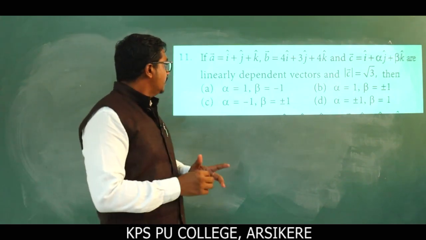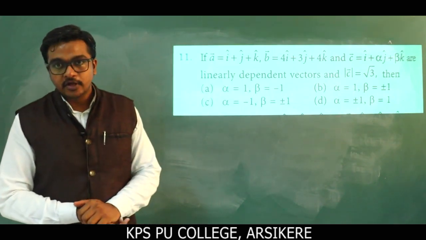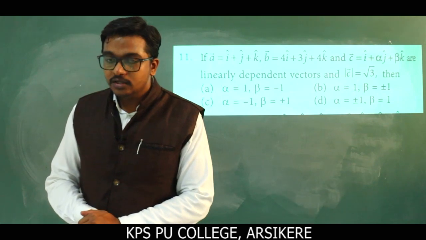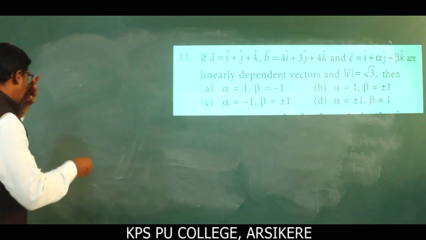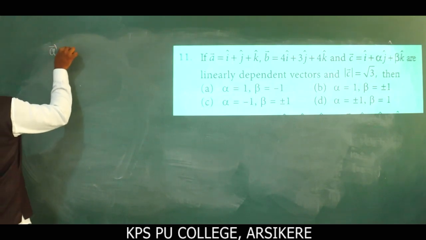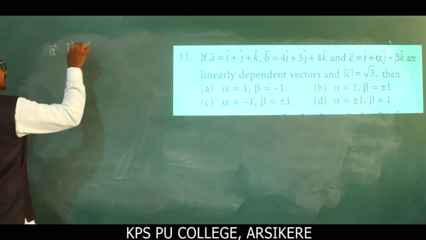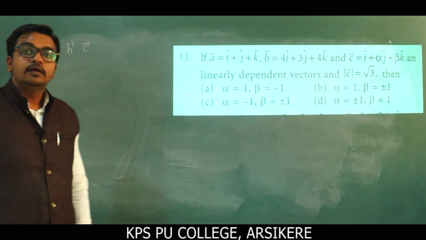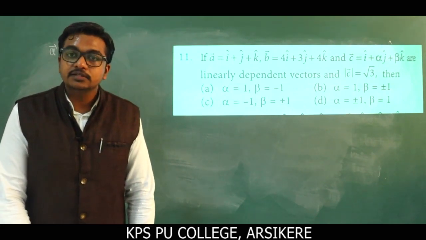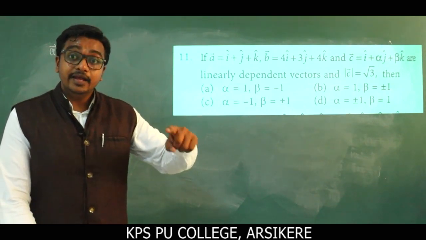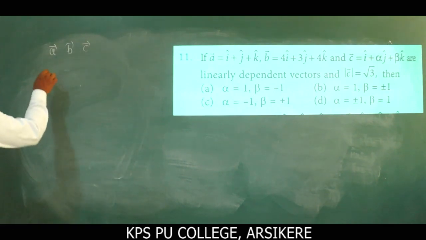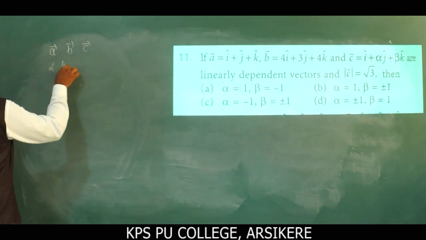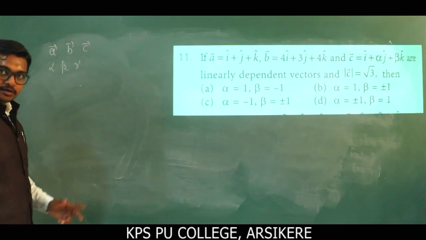So linearly dependent and independent. Very important words: linearly dependent, linearly independent. Suppose we have three vectors, vector A, vector B and vector C. Suppose these three vectors are linearly independent, there exist some alpha, beta and gamma, which are scalars or constants.